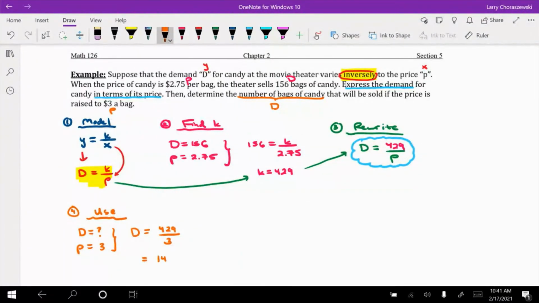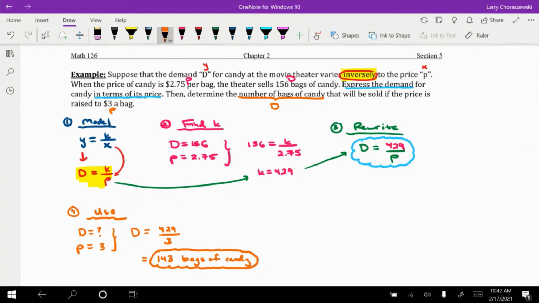That comes out to be 143, and that value would represent bags of candy. So it goes down, it drops by 13 bags of candy. But the fact that it goes down confirms that we have inverse variation.